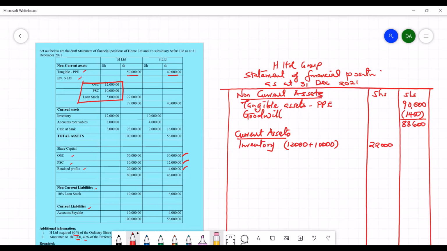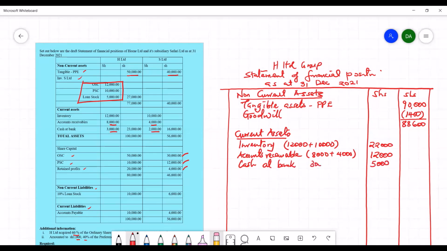Next, we have accounts receivable. Accounts receivable also, we simply add 8,000 plus 4,000. That is this one plus this. We add them so that we have 12,000. For the money in the bank, we have 3,000 plus 2,000 cash at bank. And that gives us 5,000.